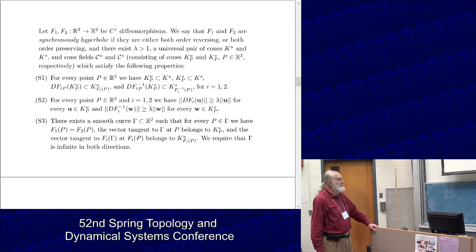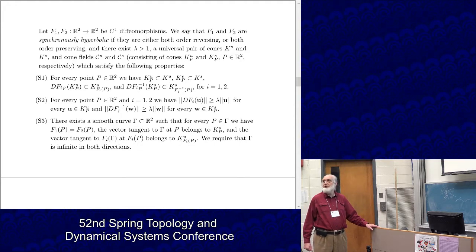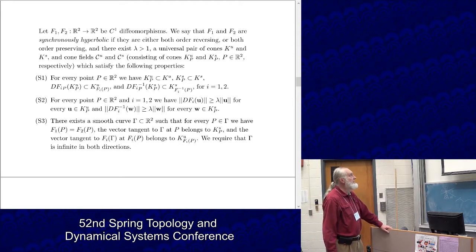And then we need some divider to tell us where we use one map and where we use the other map. So S3 says that there is a smooth curve such that on this curve both diffeomorphisms F1 and F2 coincide. And we want this curve to be kind of vertical.